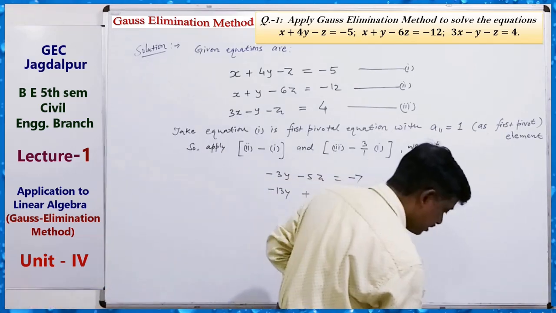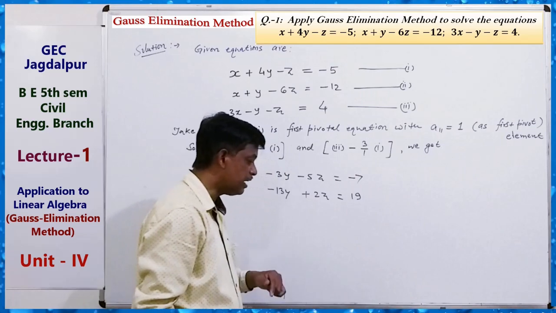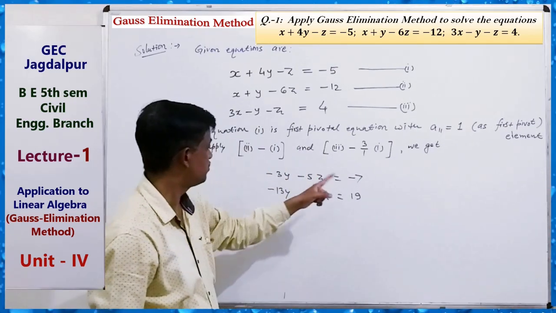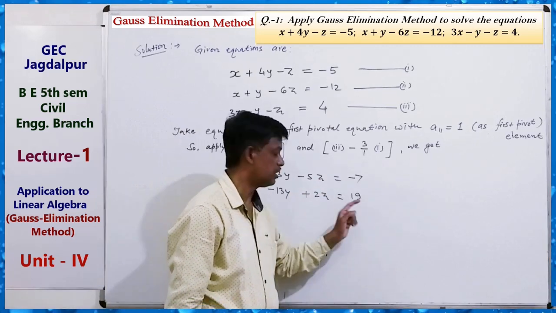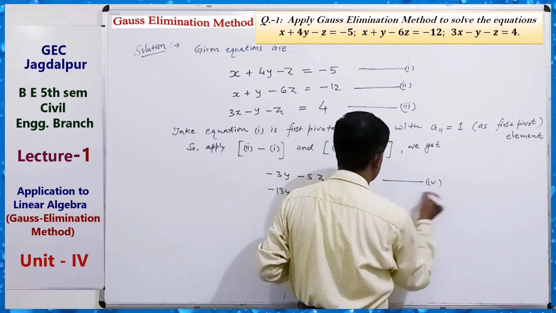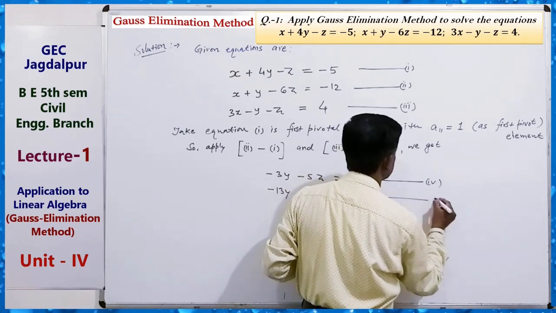So the third equation: minus 13y, 2z equals 19. Then this is equation 4, this is equation 5.